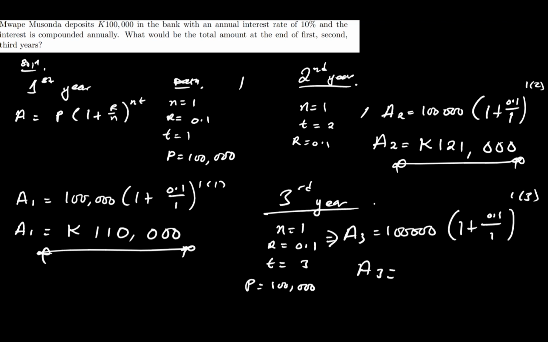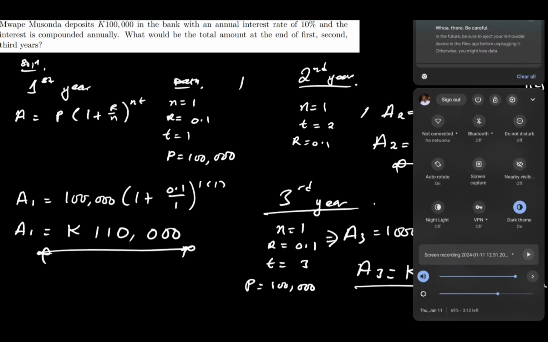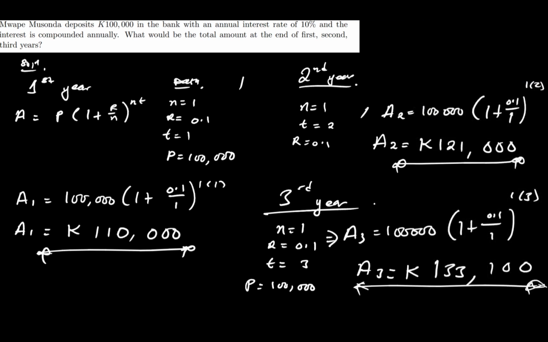So the total amount in the third year will basically be 133,100, if we compute on our calculators. That will be the amount that we're going to get.